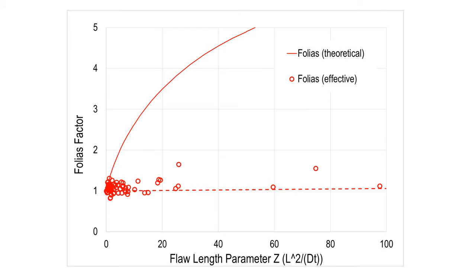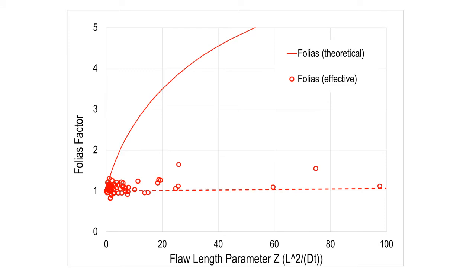What's really a tricky thing to work around here is that if you find a very long flaw, you know from this plot that that long flaw will have an overly conservative failure pressure prediction. Now, if you do the calculation and it shows you that that flaw should be on your dig list, you're going to be tempted to run out and do a repair, and that repair might cost you $100,000 to go and dig up the pipe.